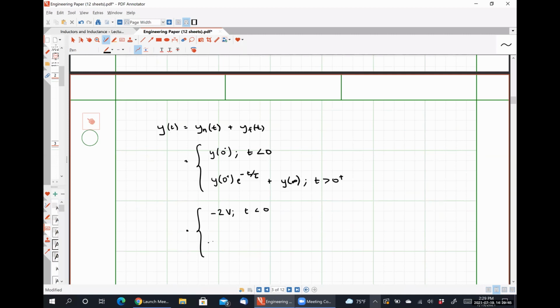And then we would have negative 2 e to the minus 500t minus 12 volts for t greater than 0 plus, if we just put stuff into our equation directly. Does anybody see what the problem is?